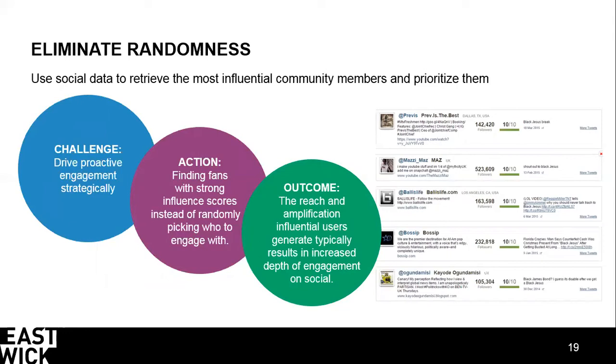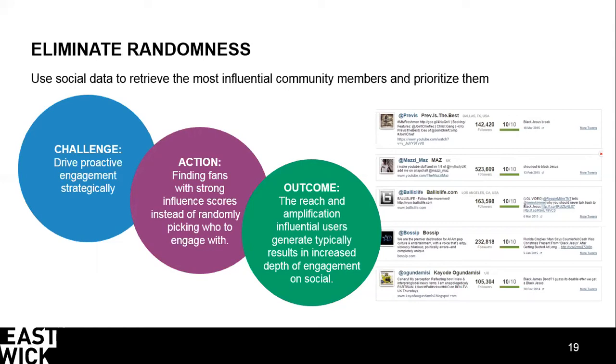that middle score, the one where it says 10 out of 10 and it lists the followers, we rank people in Twitter on a scale of 1 to 10, 10 being the most influential, 1 being less influential. So if you're a brand and you're trying to find influencers, there's that as well.